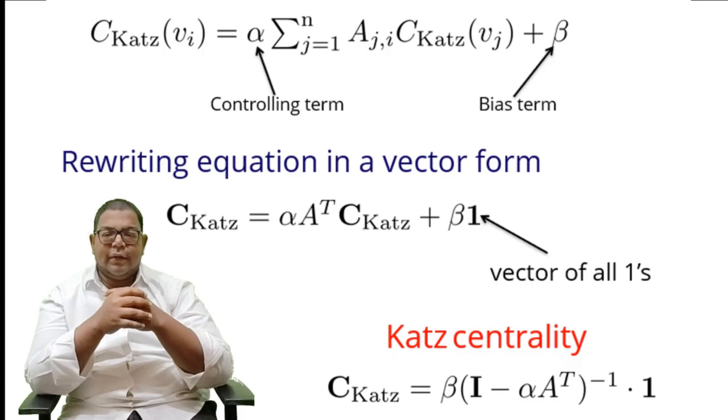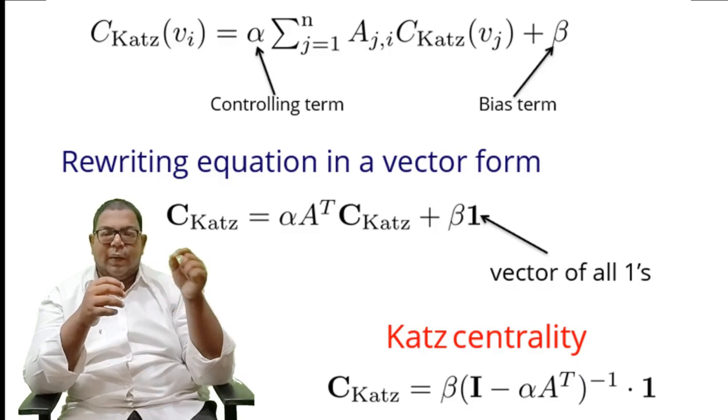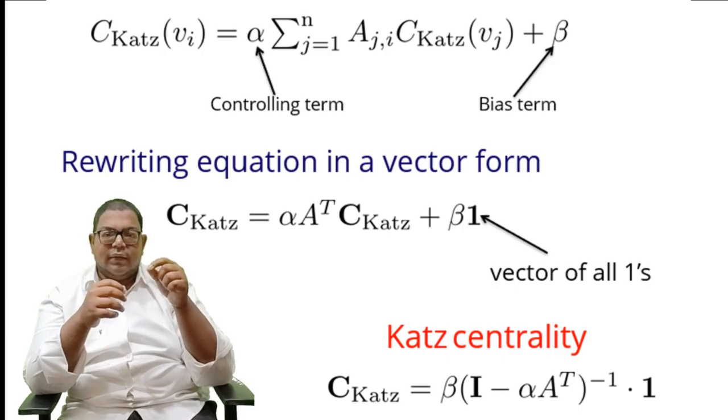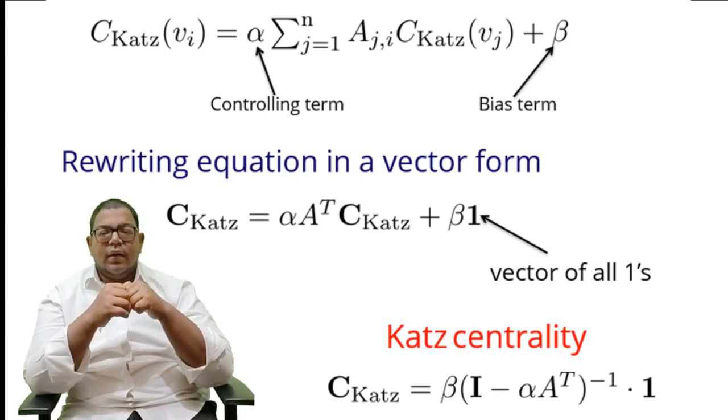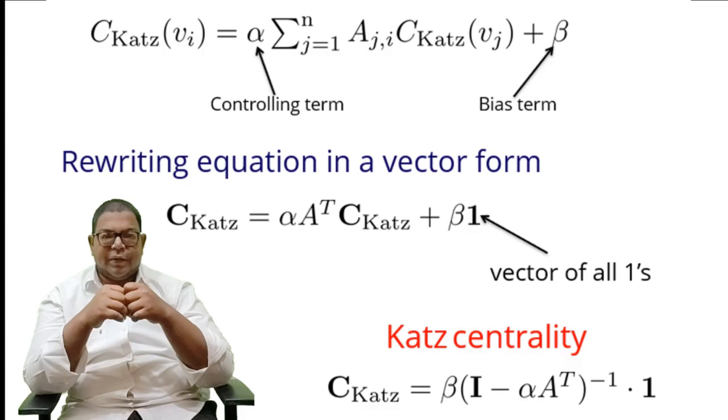We will rewrite this equation in vector form: beta times 1, where 1 is a vector of all ones, and the Katz centrality formula looks like this now. C Katz of Vi is given by alpha times the summation of j equals 1 to n over all neighbors of Vi, A_ij, the adjacency matrix, times C Katz of Vj, plus beta, which is the bias term.